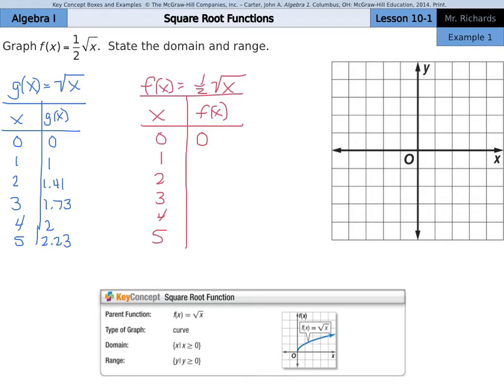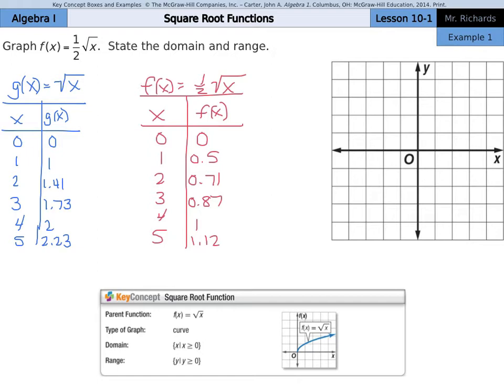We saw here on the left when we put in 1, that gets 1, and half of 1 is 1/2, or 5/10. Half of the 1.41 is 0.71. And then we have 0.87, 1, and 1.12.